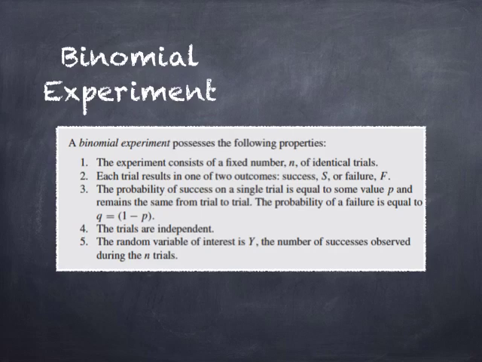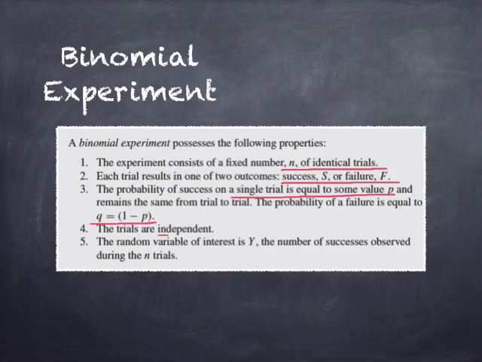So here are the properties. We talk about these properties with the examples. The binomial experiment consists of a fixed number of n trials. So we are talking about n identical trials. Each trial results in one of two possible outcomes, success or failure. We talked about the way that you could describe more than two outcomes. We have the probability of success in a single trial equal to P, and then you have the probability of failure Q, that is 1 minus P. This probability remains the same from trial to trial.